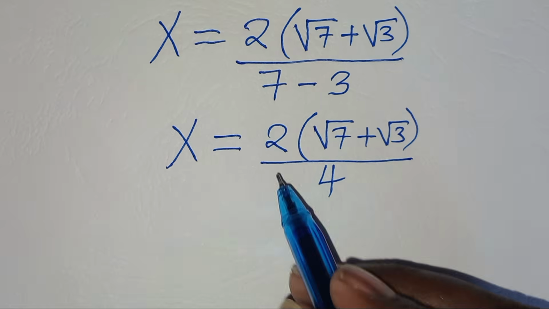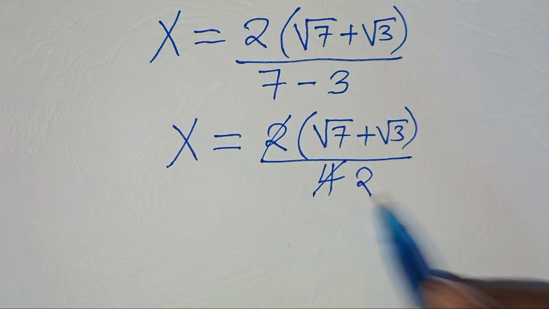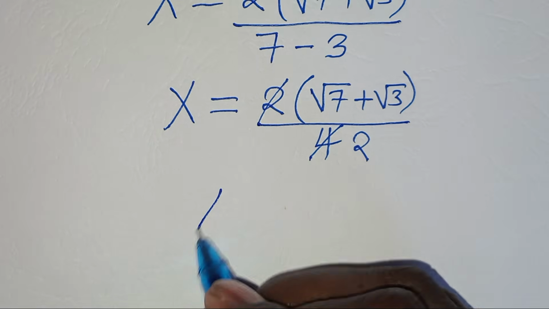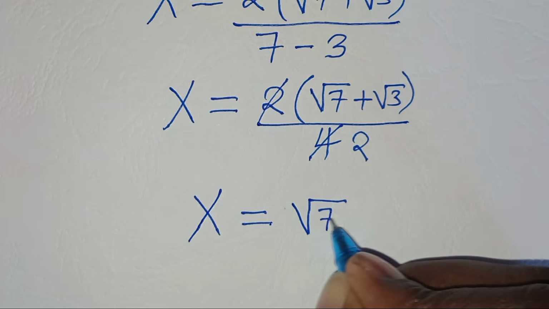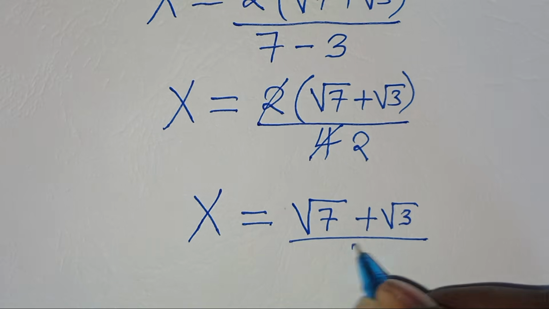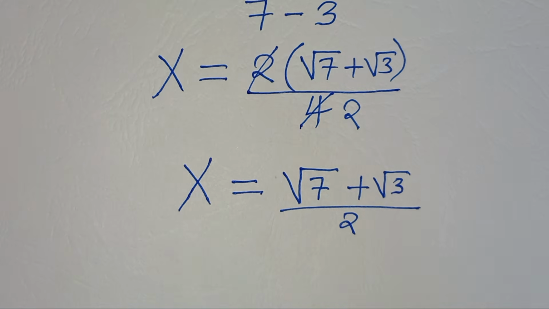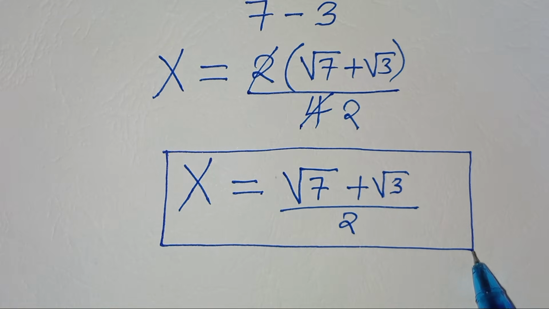Now let's simplify here. 2 divided by 2 is 1, 4 divided by 2 is 2. So we have the value of x equal to root 7 plus root 3 divided by 2. So this is the value of x.